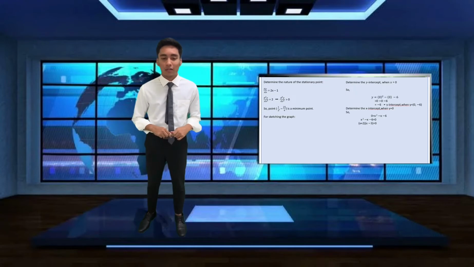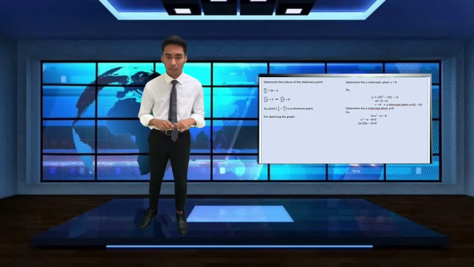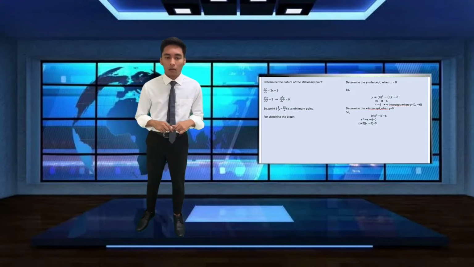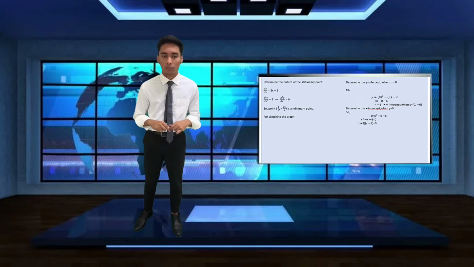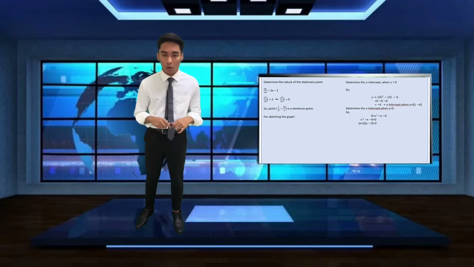Thank you, Asfar, and I'm Nick Hadli, and I will continue with the next step. First, determine the nature of the stationary point. So dy over dx equals 2x minus 1. We differentiate again: d squared y over dx squared, we got 2, which is more than 0.